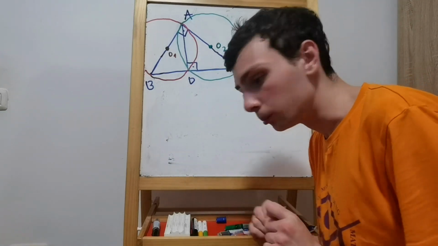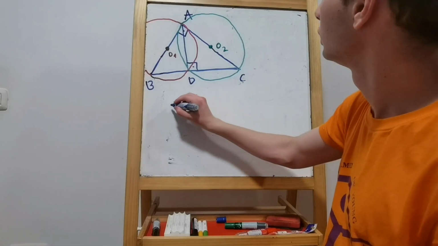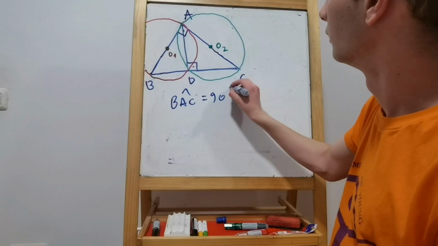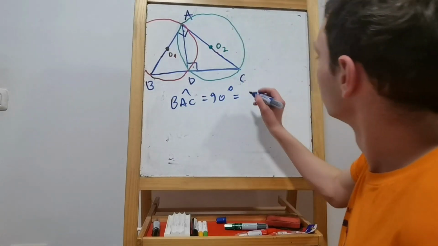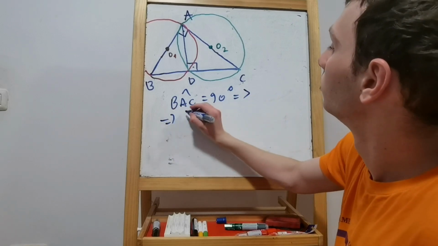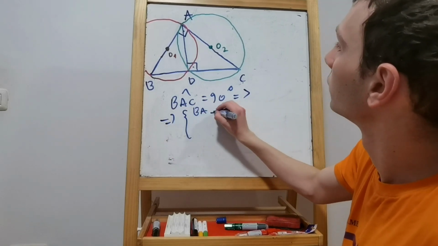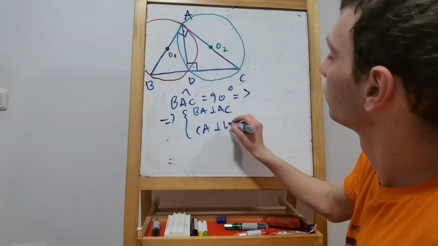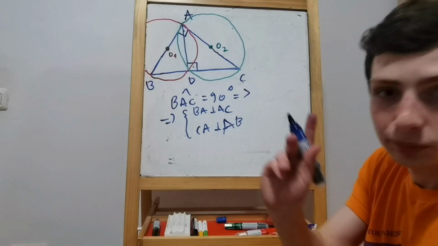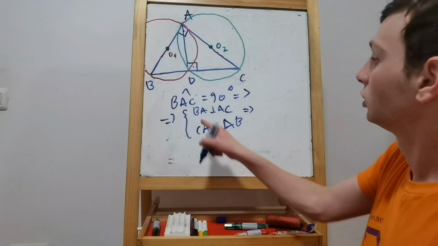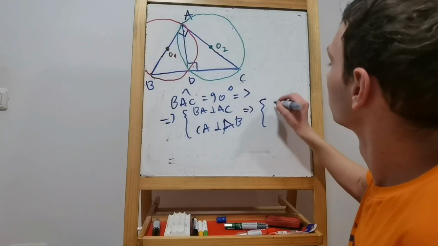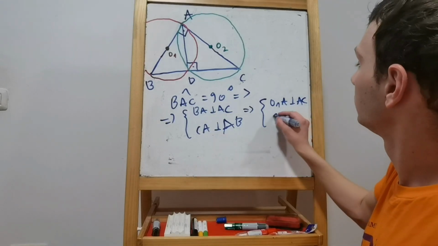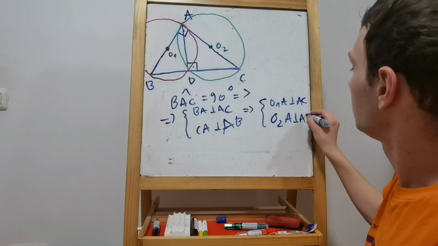And now the very cool part, since angle BAC is 90 degrees, that means that BA is perpendicular to AC, as well as CA is perpendicular to AB, which means that O1A is perpendicular to AC and O2A is perpendicular to AB.